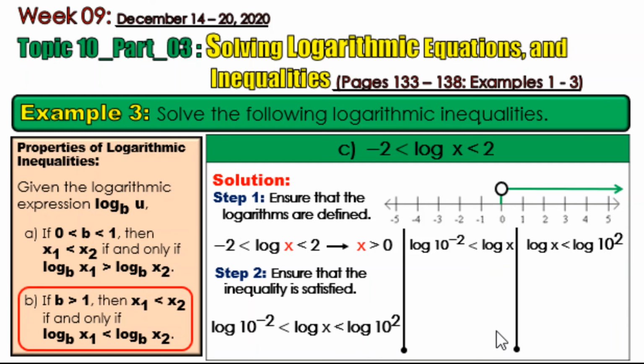So let us see, we have the values of x. Again, the inequality sign is not reversed since our base is 10. So we will solve for the values of x. 10 raised to negative 2 can be expressed as 1 over 10 squared, and you have x is greater than 1 over 100.